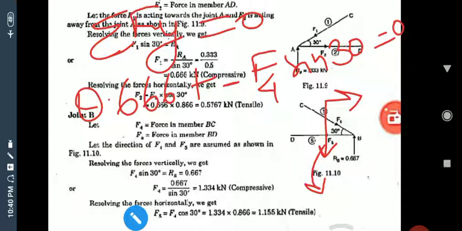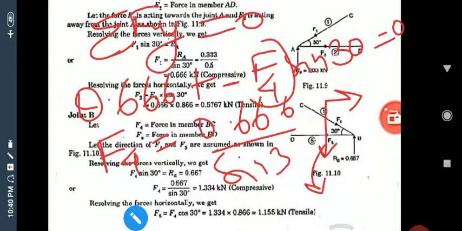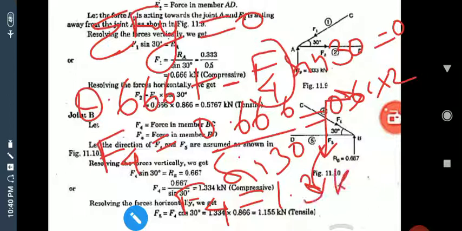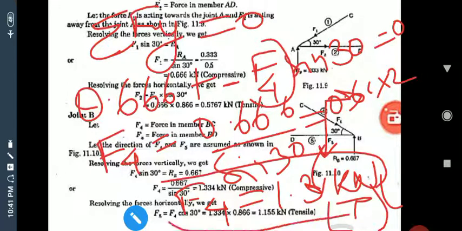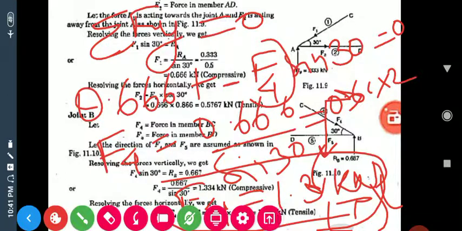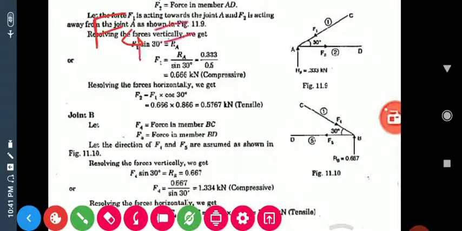Now there is only one unknown, F4, so we can obtain the value easily. F4 equals 0.666 by sine 30. Sine 30 is 1 by 2, so it is 0.666 into 2. The value of F4 is 1.3 kilonewton. The sign is positive, so it is a tensile force. Is it clear? So F4 is equal to 1.3 kilonewton tension.